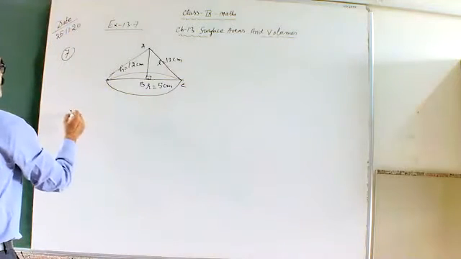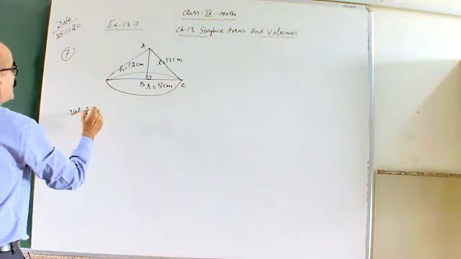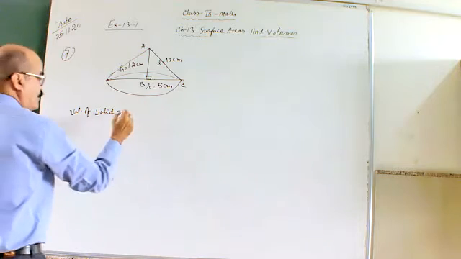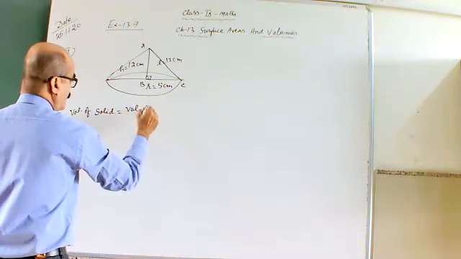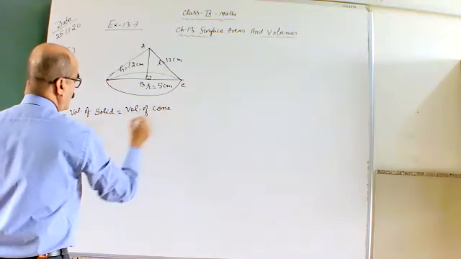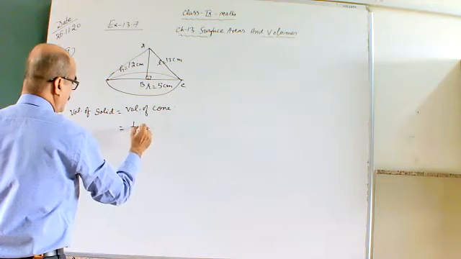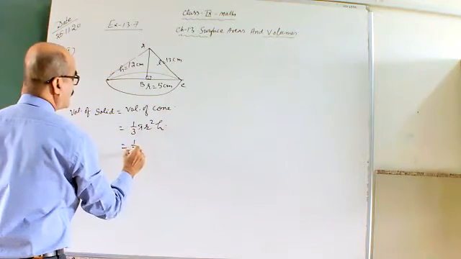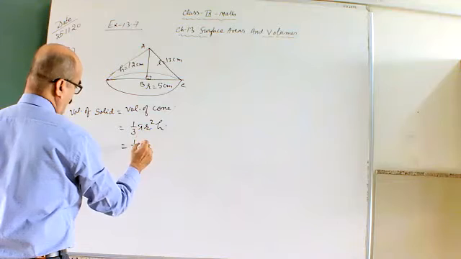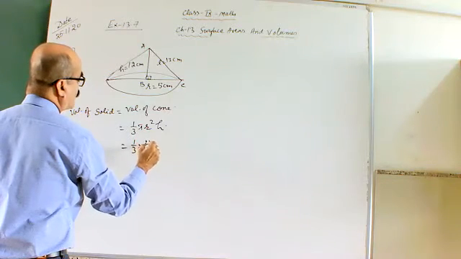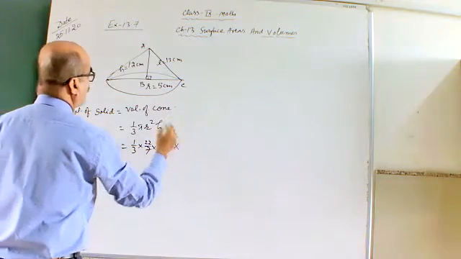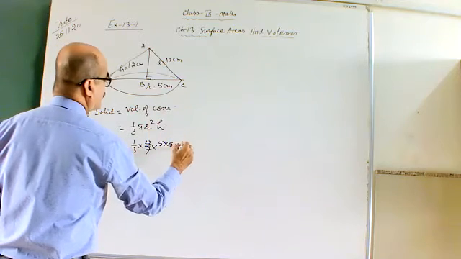So volume of the solid is the volume of cone. Volume of cone is 1 by 3 pi r square h. So 1 by 3 pi, 22 by 7, and r is 5 into 5, and h is 12 centimeter.